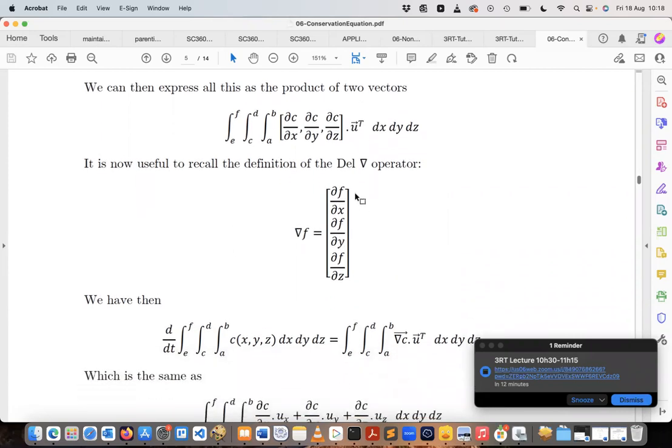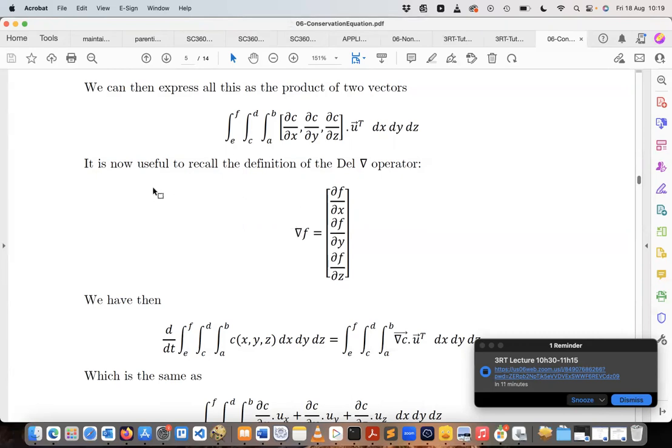And now we also propose another operator. We did propose an operator earlier. We talked about the divergence operator, and that turned out to be a scalar, right? It was the sum of things. But let's define a different operator. So this del operator, so when we say del f, right? Remember, delta is a triangle. This is like an upside down triangle.